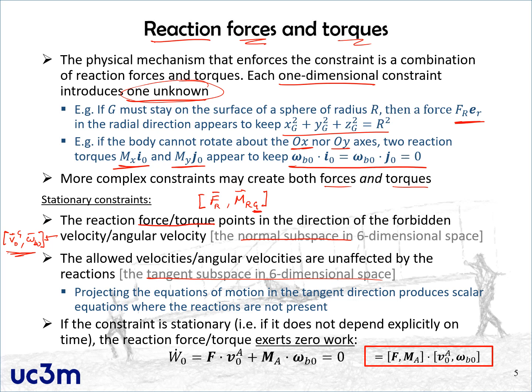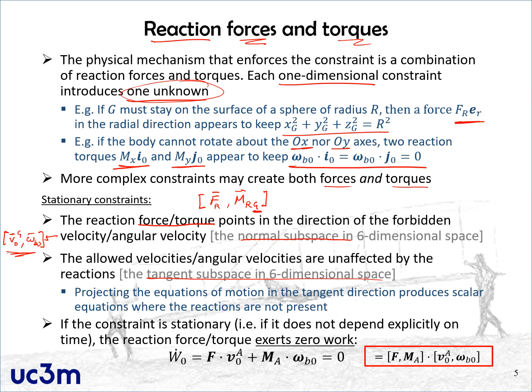If we select directions that are perpendicular to the reaction force and the reaction torque, and we project the translational or the rotational equations of motion in those directions, the reactions will not appear. So this is perhaps the best way to get rid of them when we are just solving for the coordinates of our problem. If we are interested in the magnitude of the constraints, of course, we want to project in those directions as well.